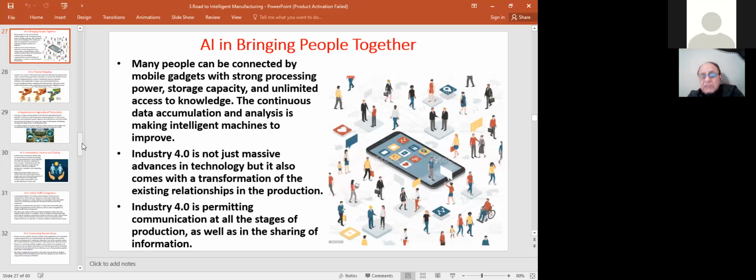They have access to education, access to health, and mobility, and they know each other through their mobiles and the internet. This connectivity was not there in the past. Industry 4.0 has the potential of bringing people together and helping each other in this way. So this is a great asset.